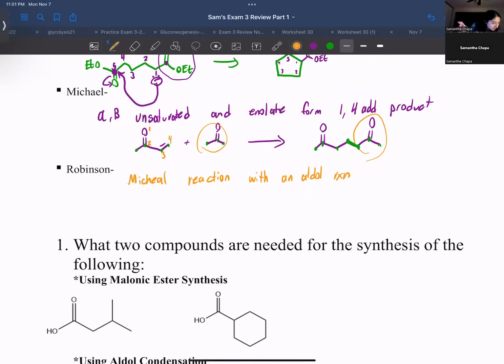I didn't give you a Robinson reaction for this one just because I think all that you're going to need to know for that one is the mechanism. And I don't think they're going to give you Robinson annulation for a reactions page. But I'll show you what one will look like.